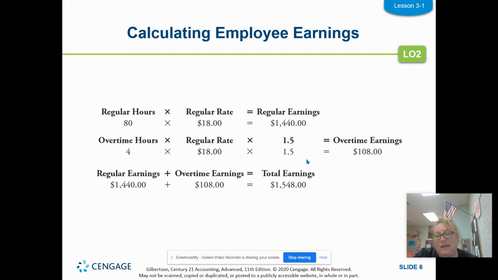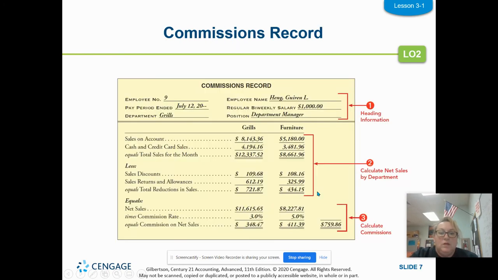So you would add 18 plus 9 to get 27, and then multiply that 27 by 4. It's easier to multiply by the 1.5 because it's more clear cut, in case your regular rate is something like $7.25. This is how we calculate our total earnings: you take your regular plus your overtime, and that equals your total.